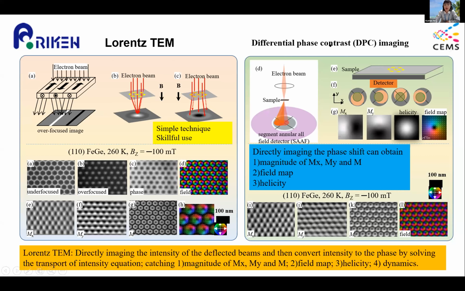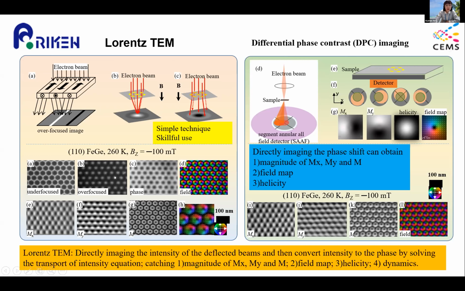This detector can detect along four directions, plus and minus x and plus and minus y. It means we can directly probe the in-plane magnetic induction by using this phase imaging technique.